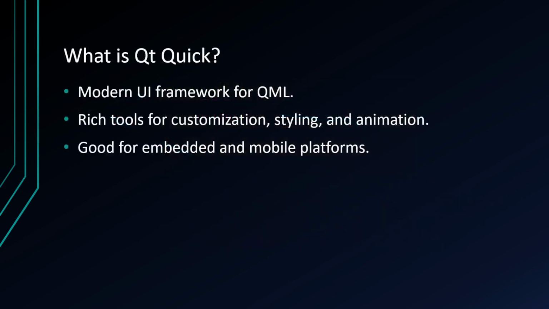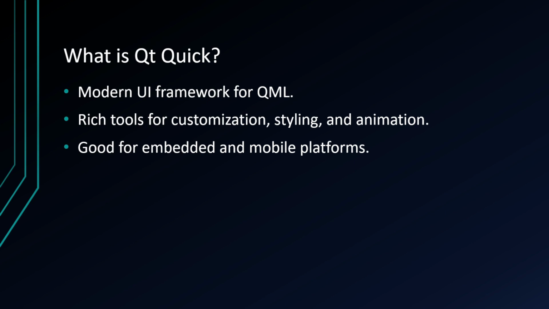QML language is used with Qt6. So what is that, and how are they related? Qt6 is the UI framework that powers QML. It provides a rich set of tools for building UIs, and it works nicely with embedded and mobile platforms also.